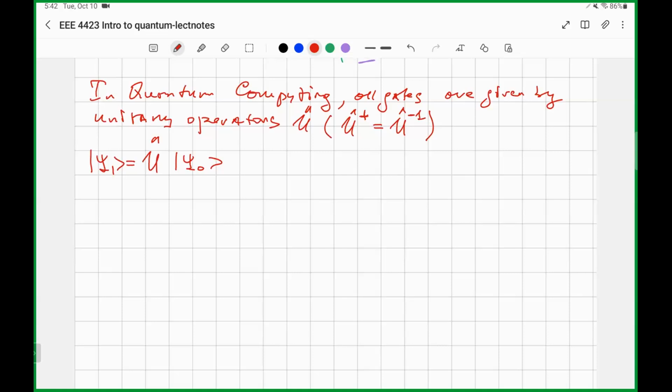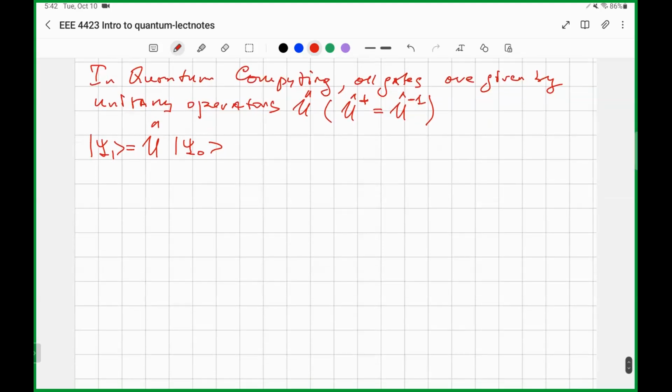This operator changes the state somehow, and the only requirement is that this operation doesn't change the dot product of the state with itself.